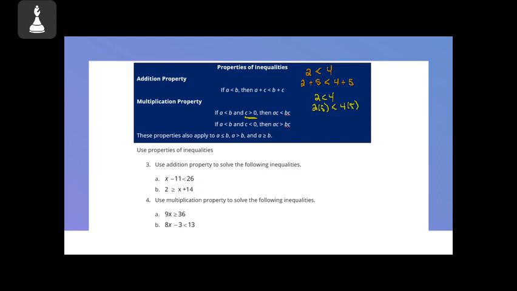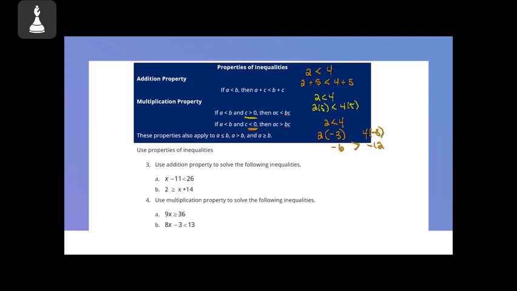This does not hold true if you multiply by a number less than 0. Watch. If I start with 2 is less than 4, and I multiply both sides by a negative number, let's say 2 times negative 3 and 4 times negative 3. Well, 2 times negative 3 is negative 6. 4 times negative 3 is negative 12. Negative 6 is no longer less than negative 12. It is, in fact, greater than negative 12.